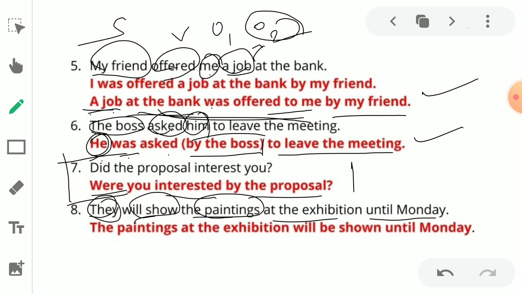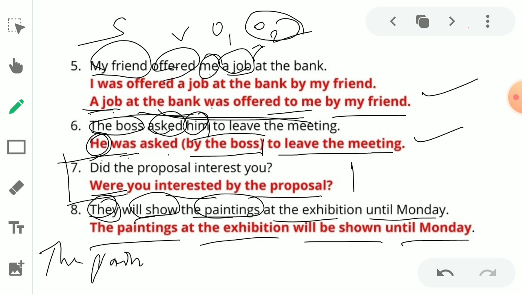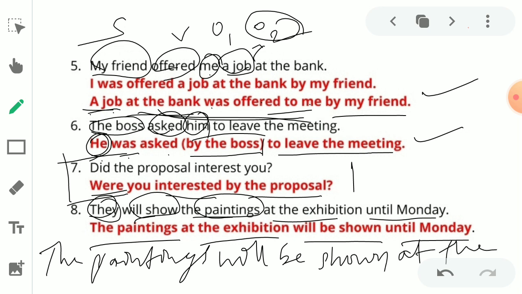See, the paintings at the exhibition will be shown until Monday, or you can also write: the paintings will be shown at the exhibition until Monday.